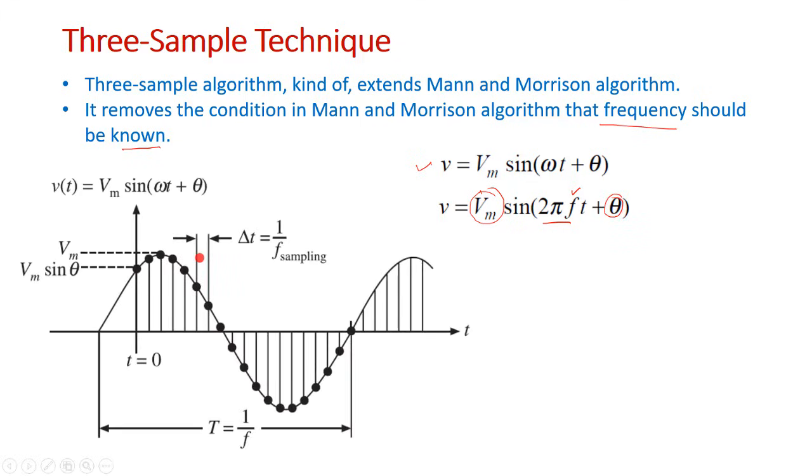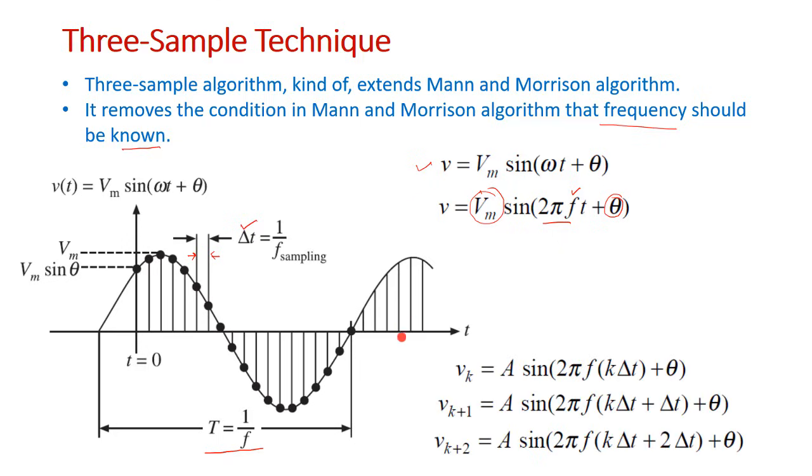Now here we have T equal to 1 by f. This is the time period of the voltage signal, and delta t is the sampling time period, that is 1 by f sampling. So this is your sampling period. Because we have 3 unknowns, we obviously need 3 samples.